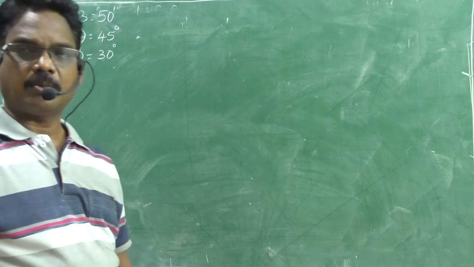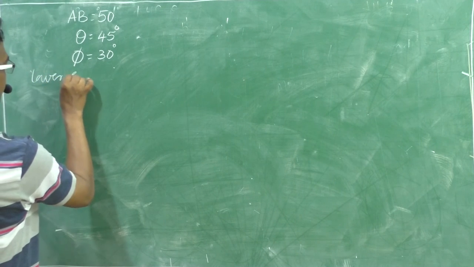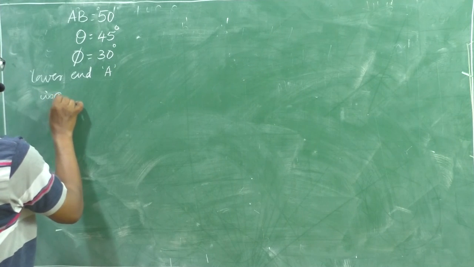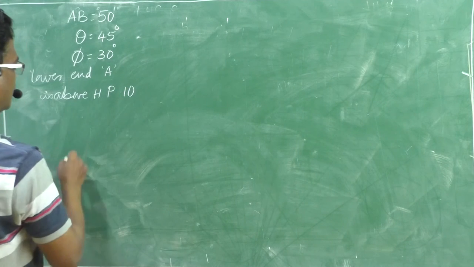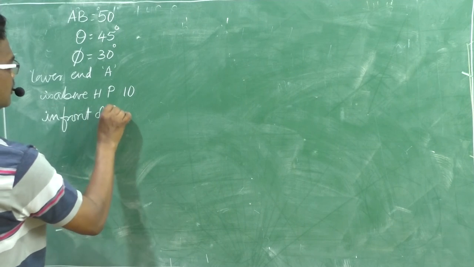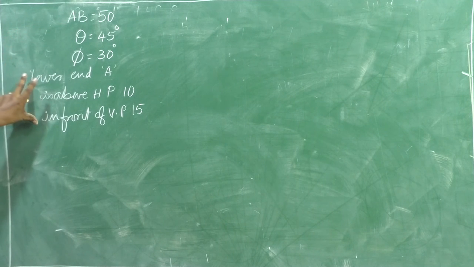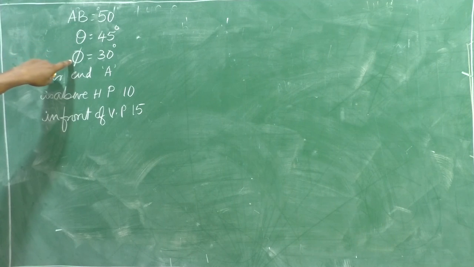The lower end A is above HP 10 mm and in front of VP 15 mm. Okay, draw the projections. Now for this problem, true length is given and fixed point position is given and true angles of inclination with HP and VP are given.